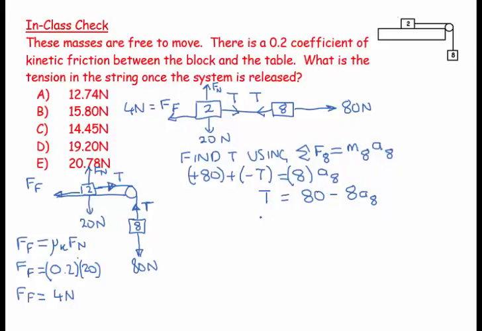I don't know this acceleration, but let's find it. So I simply go to a second step. If I tried using the 2 kilogram mass, the acceleration of the 8 is not included, and there's also a T. If I think about it, I have two unknowns. My T is unknown, and my acceleration is unknown.